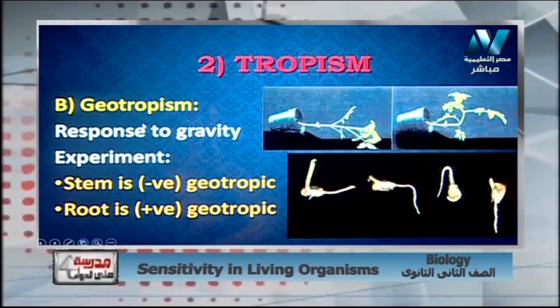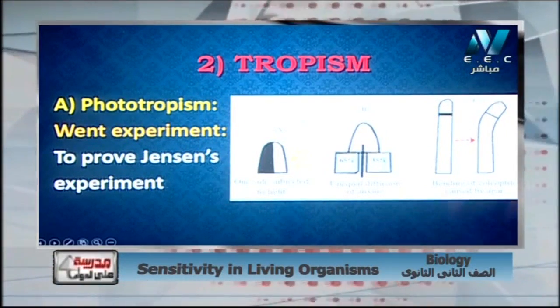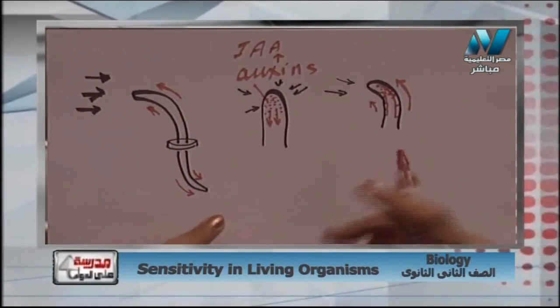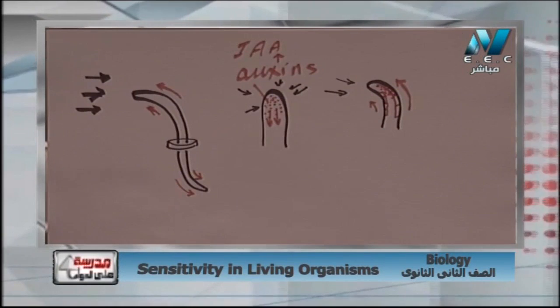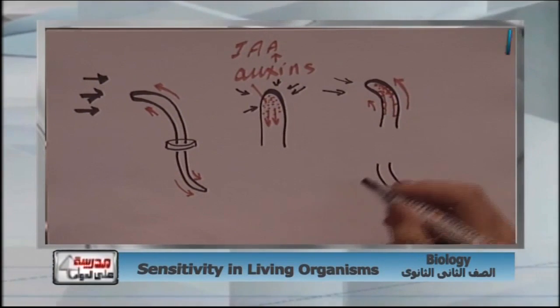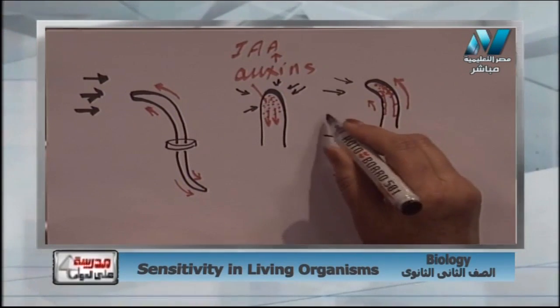Before studying geotropism, let me explain something about the root. We said that the stem bends towards light, but the root bends away from light, like this. And still the light is coming from this side.